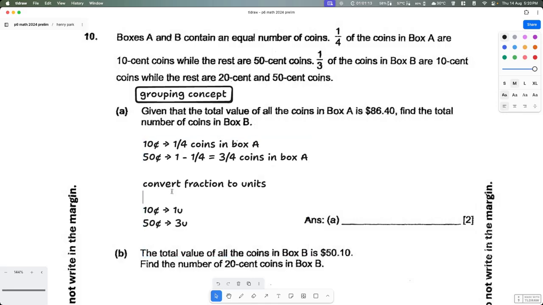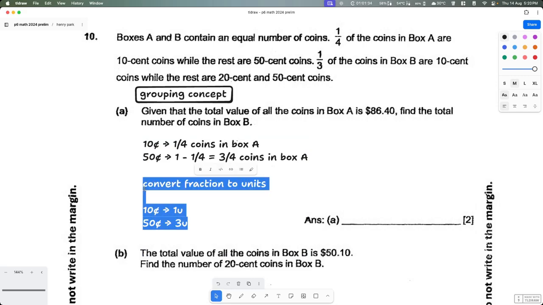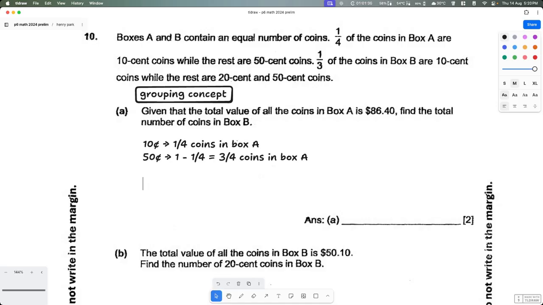Okay, so in this case, actually for this, we don't need to convert the fractions to this. So one group essentially has 1 times 10 cent coin, and then plus 3 times 50 cent coins.